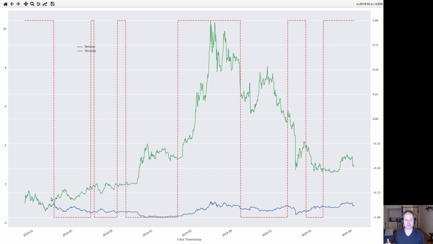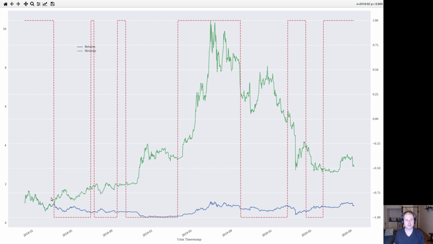Exchanges like Binance allow you to do this automatically. So if you borrow a Bitcoin for $12,000 and you sell it, and then the price goes down to $10,000, then when you buy that Bitcoin to return it to the person you borrowed it from, you only had to pay $10,000, so you made a profit of $2,000.